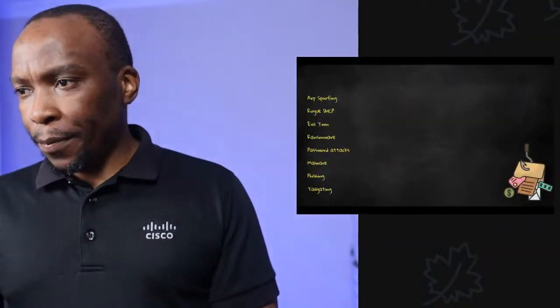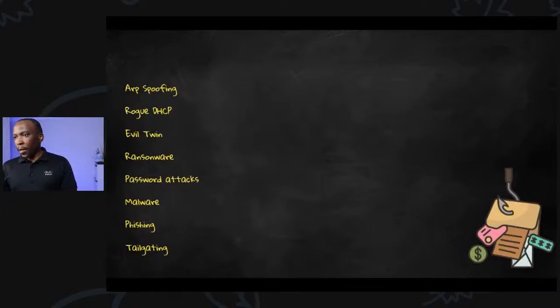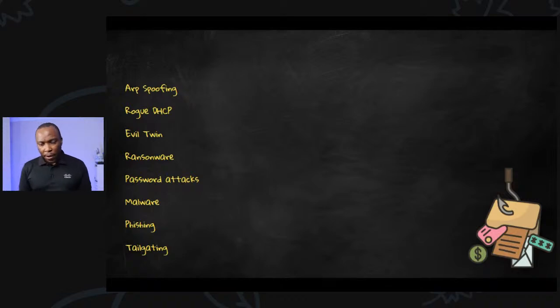I'm just going to share my screen. All right, so the first attack that we're going to be looking at is known as ARP spoofing. We said on a layer 2 device, you need the MAC address of your gateway in order to communicate.